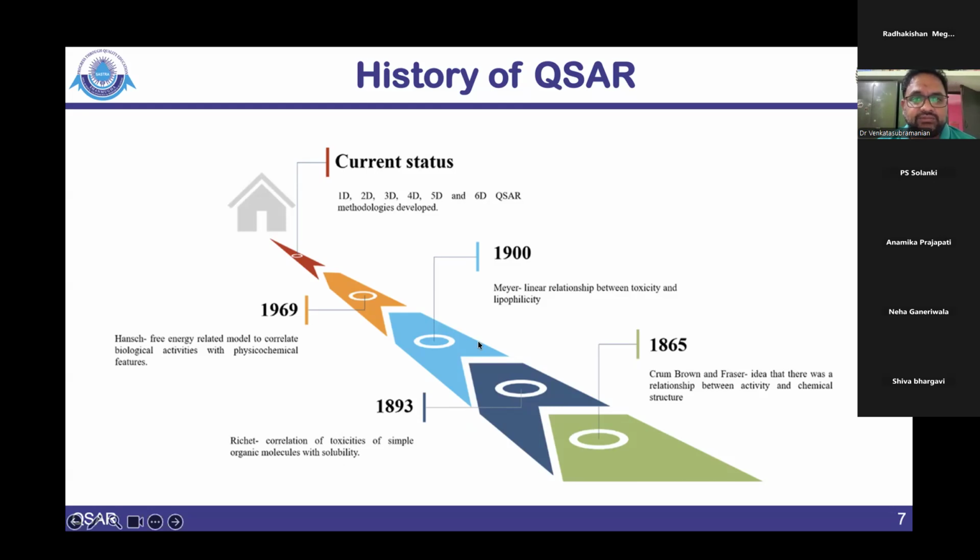And then it improved, and in 1969 it properly took form where Hansch tried to correlate biological activities with the physicochemical features. And later on it has improved further. In the current status we have 1D QSAR, 2D, 3D, and so on; multi-dimensional QSARs are all going on now.